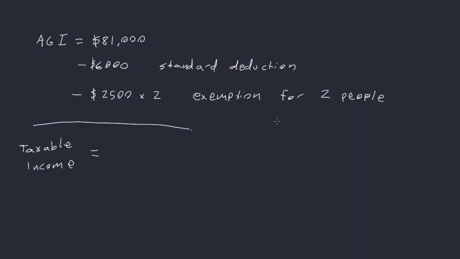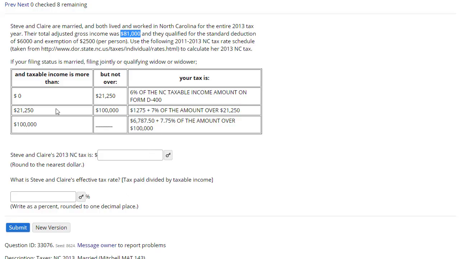Okay, so when we do this subtraction, I got an even 70,000. So this is what we look up on the table with. All right, so when we go to the table, we're at 70,000. So that's going to be in tier 2. Okay, so tier 2 says this.